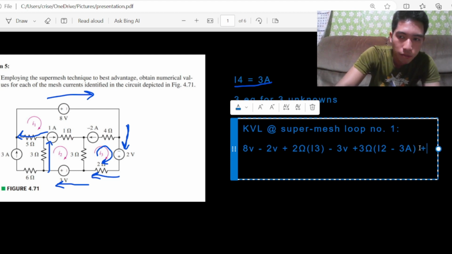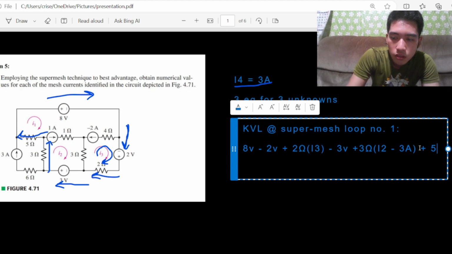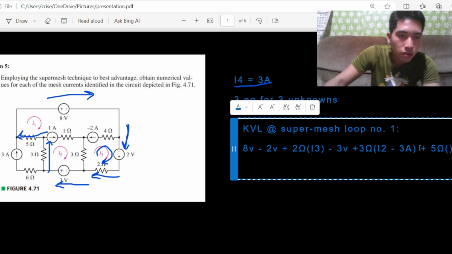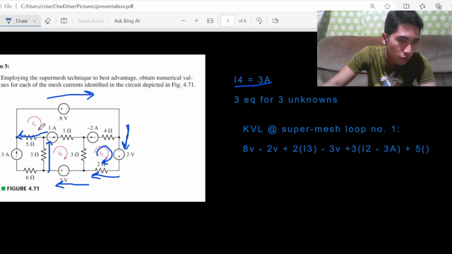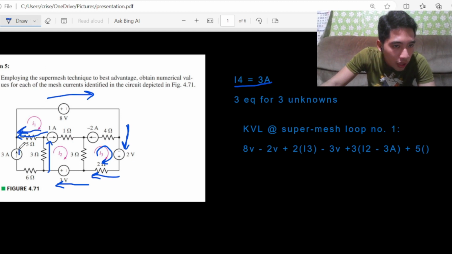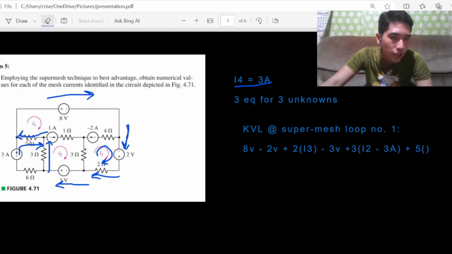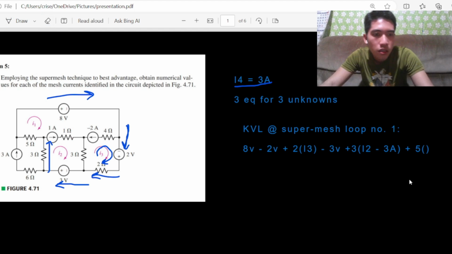So we're going to write plus 5 ohms multiplied by the current that we are following, which is I1, minus 3 amps, since I1 is going in this direction, while 3 amps is going opposite to this direction. So we're going to write that as minus 3 amps.